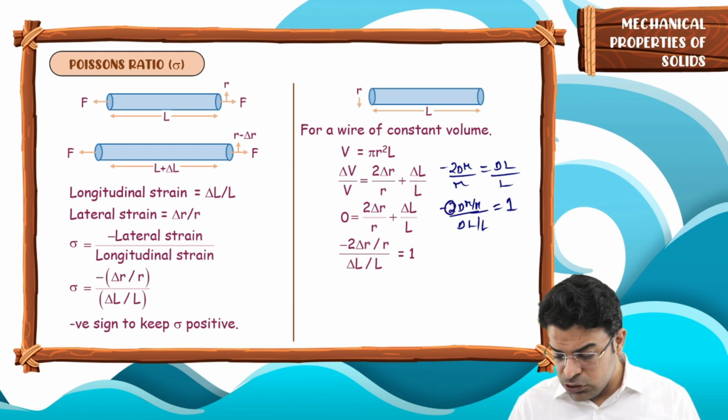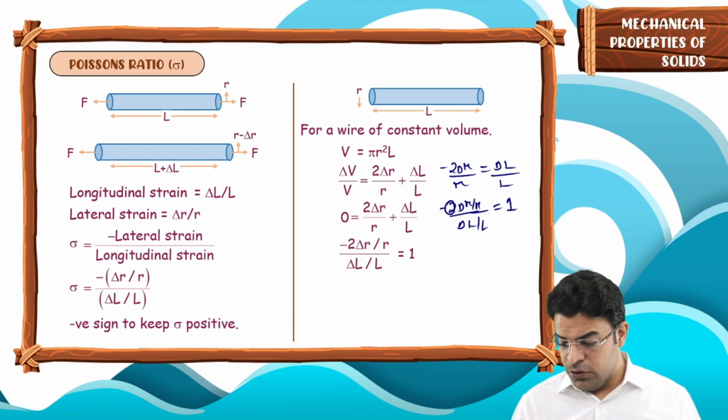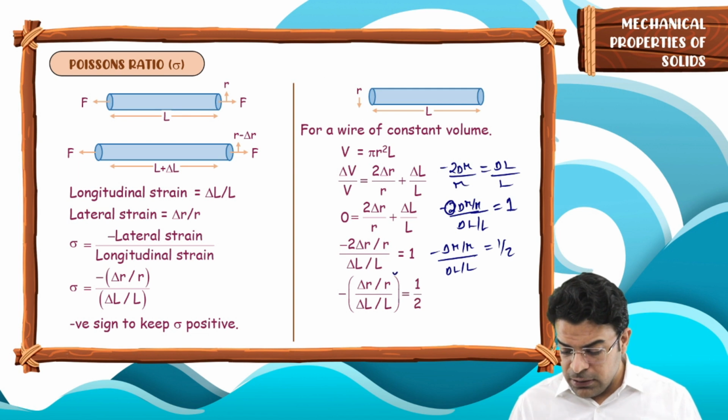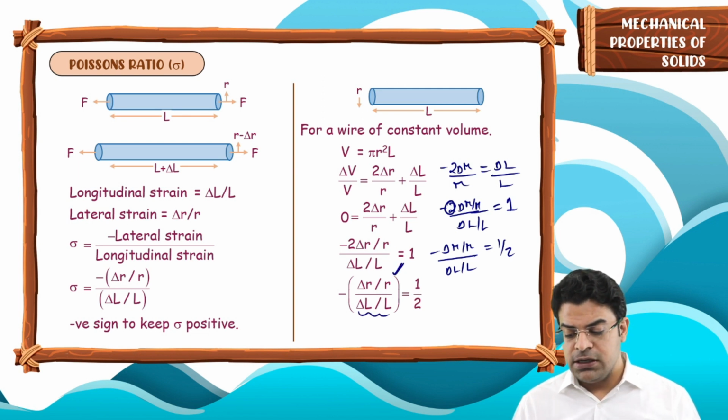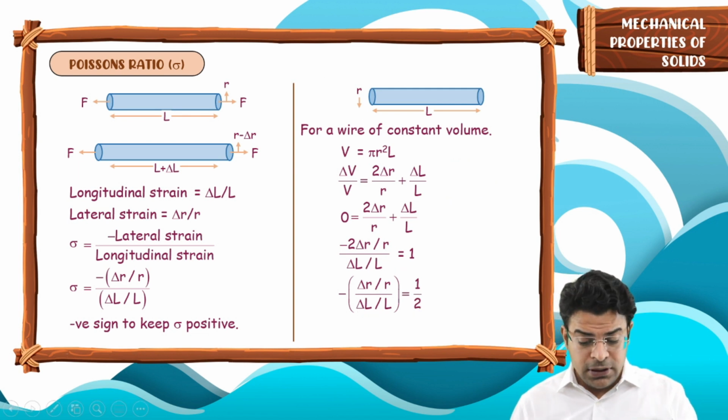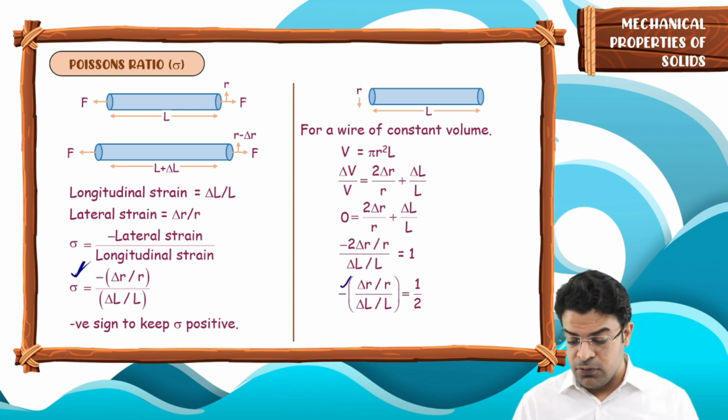If you bring this 2 to the right hand side, you will get minus delta R by R upon delta L by L equals half. Now when you get minus delta R by R upon delta L by L equals half, you can say that Poisson's ratio equals half.